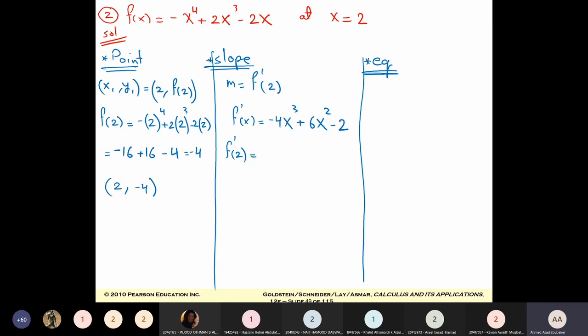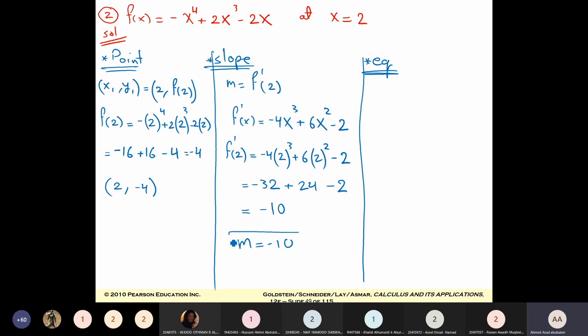This equals negative 4 times 2 to the power 3 plus 6 times 2 to the power 2 minus 2. This equals negative 4 multiply 8, which is negative 32. 6 multiply 4, 24 minus 2. So we have negative 8 minus 2, negative 10. So the slope is negative 10.